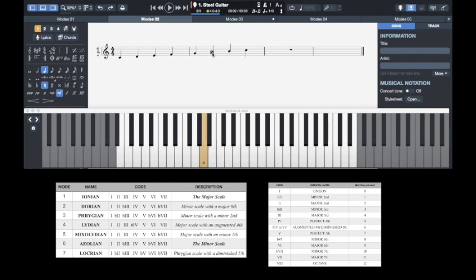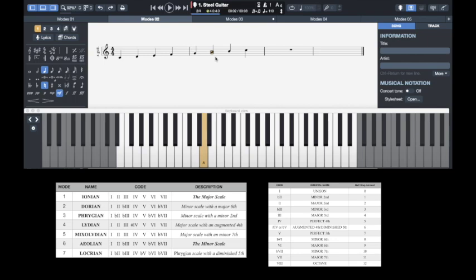There are 7 modes. However, I have excluded it because it's much less used than the other 6, and also it lacks some musical properties that make it significantly less musically usable than the other ones. Therefore, I think it's most important to know the three major scales and the three minor scales.